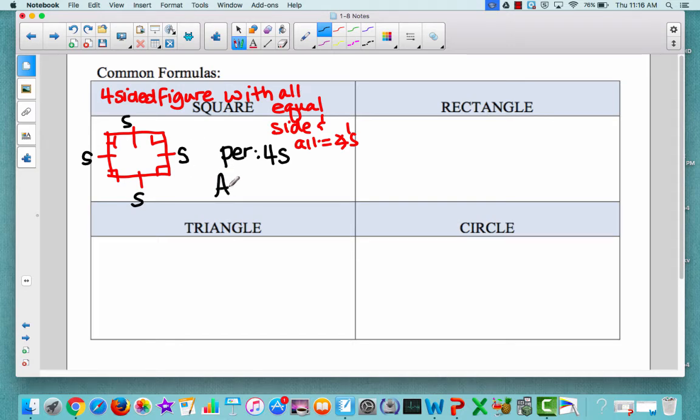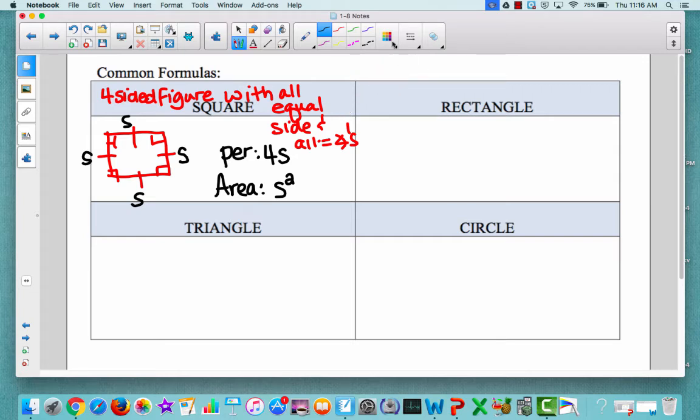Area of a square: area is when you multiply the sides together. So S times S gives S squared, S to the 2 power. Notice the difference between adding S and multiplying S. When we add S, we combine like terms. When we multiply with S, we're dealing with the laws of exponents.